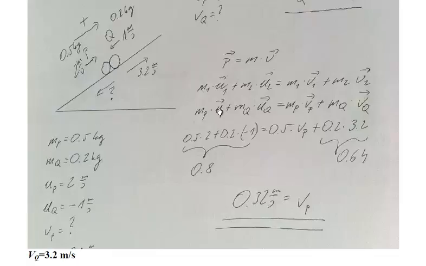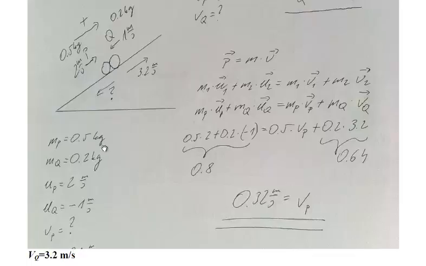Very important that these are vectors, so they could be positive or negative, and this is the velocity of Q immediately after the collision.